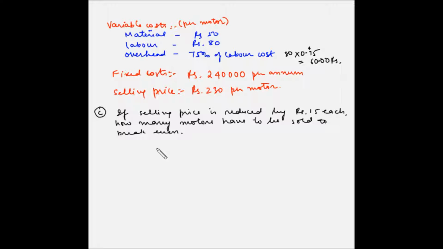So in step number A, we had arrived at the formula for break-even point, which is break-even point for units is equal to the fixed cost divided by unit selling price minus the unit variable cost. Fixed cost is the same, 2.4 lakhs.